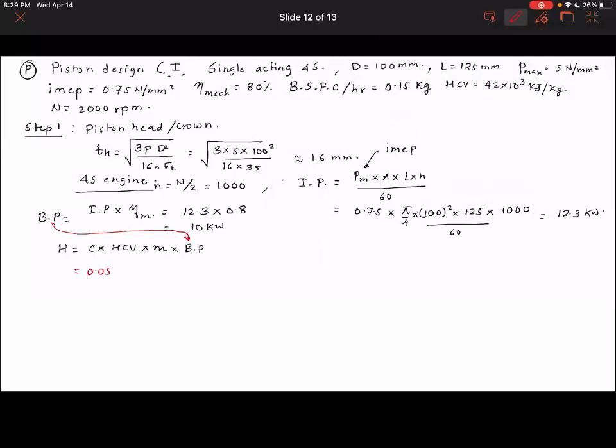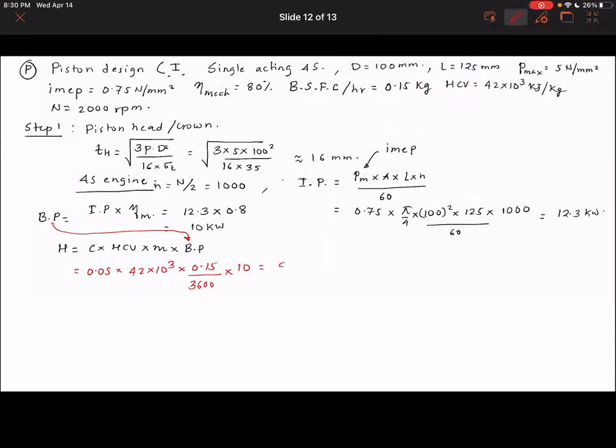C is 0.05. It's 42 times 10 to the power 3, 0.15. And please note this mass is in 1 hour, so I need to convert that into 1 second, multiplied by the brake horsepower, which is 10 kilowatts.